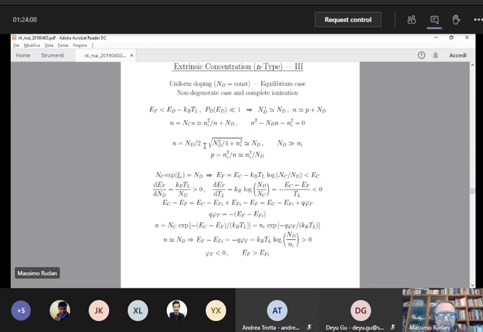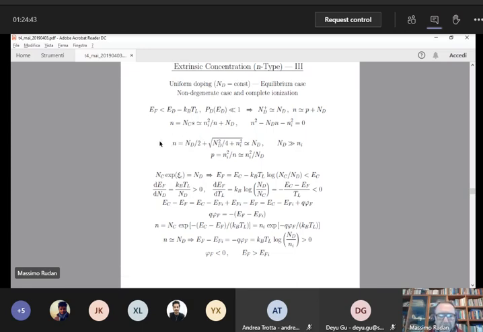In the realistic cases, the concentration of the dopants, Nd, is much larger than the intrinsic concentration, okay? So under the square root, Nd squared is even larger than ni squared. So you can neglect ni squared. You obtain that the square root is equal to Nd over 2, plus this one, it is equal to Nd.